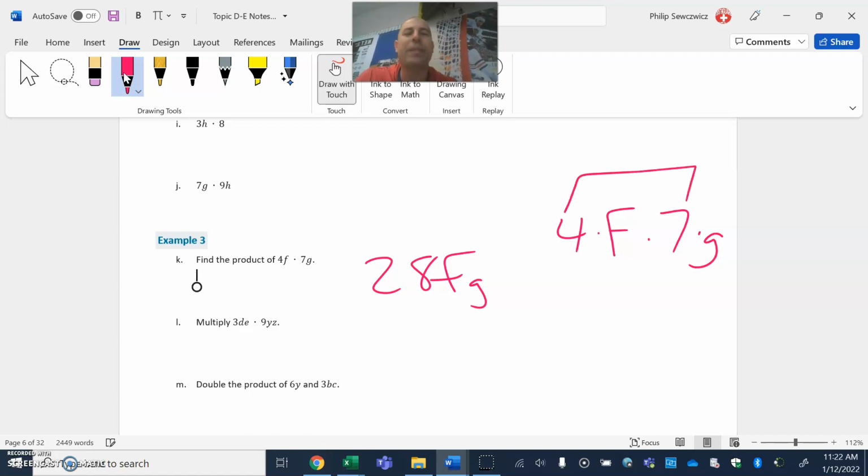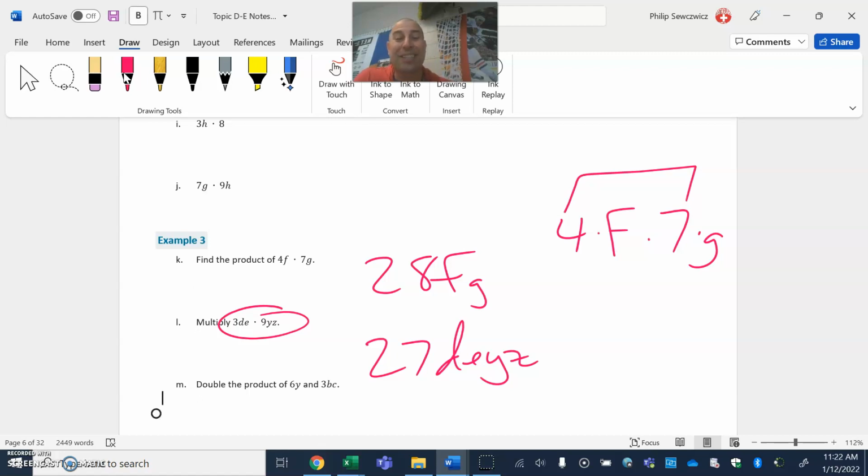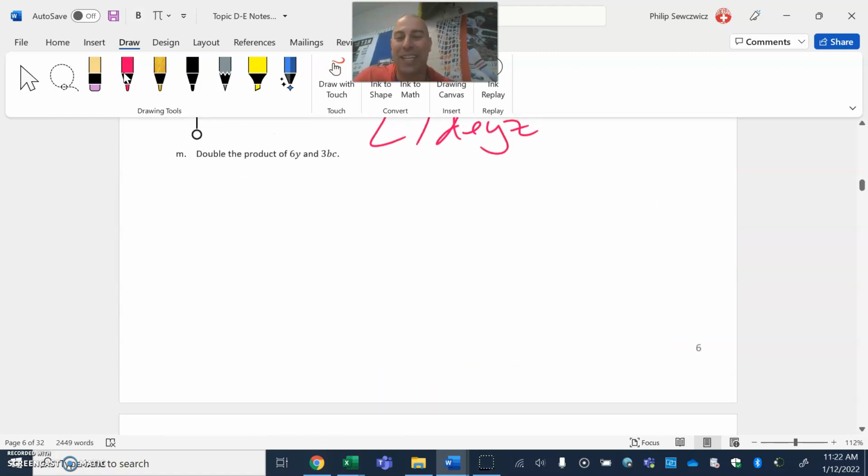Yes, we can do that, or we can just jump right in and realize it's all multiplication. We can multiply there. So right here, 27deyz. The z, I'm going to put a little line through because it looks like a 2. I could rewrite it all out, but what we're going to find is no need to. One of the things you're going to like about this is that there's not a lot of work to be shown. We're going to be able to jump right into answers here.